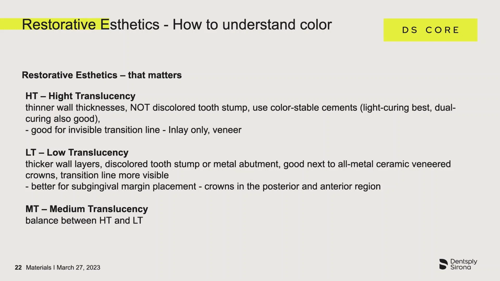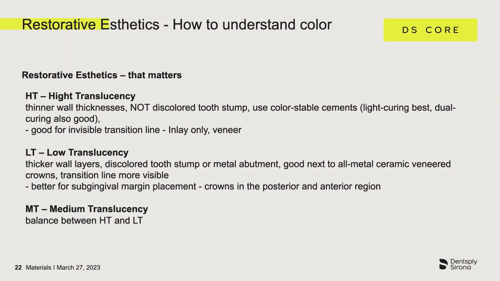And so, these blocks tend to be the blocks of choice next to metal ceramic crowns, or when we have tooth stumps that are discolored or where there is a metal buildup in the teeth. Due to the opacity, the transition between crown and tooth is often very visible, and there is often a relatively clear difference in color. So sub-gingival margin preparation is definitely recommended with this material.